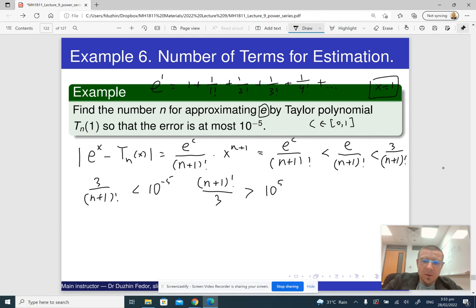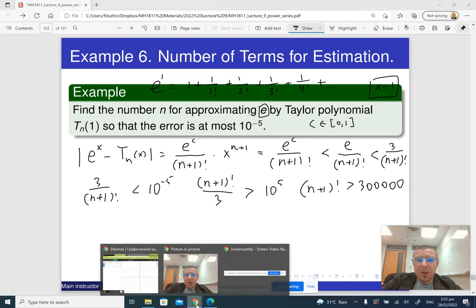So n plus 1 factorial should be bigger than 300,000, I believe. Yeah, because this is 3 times 10 to the 5. So it remains to find the number n such that n plus 1 factorial is bigger than 300,000.